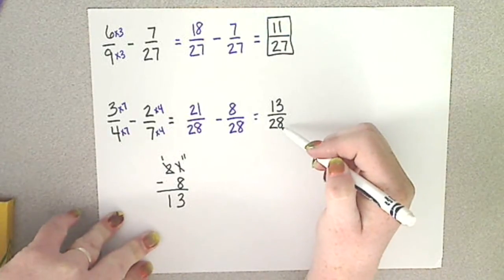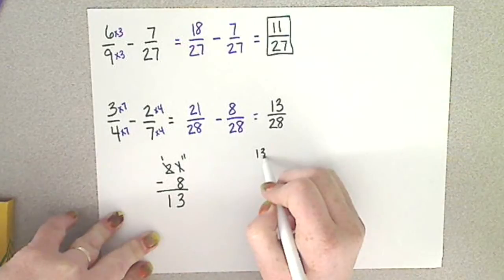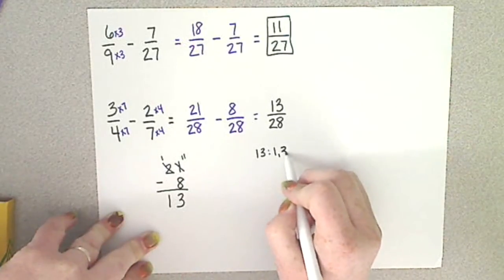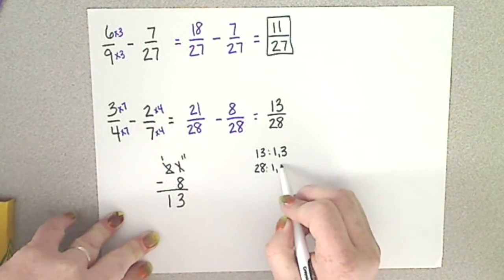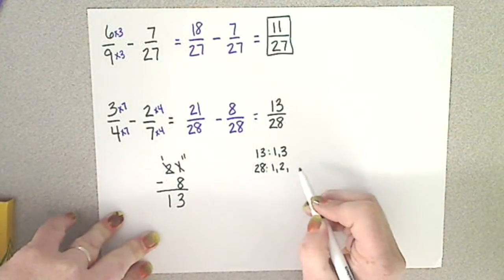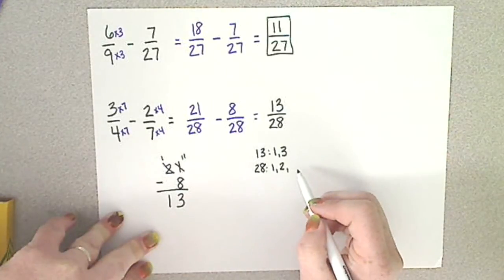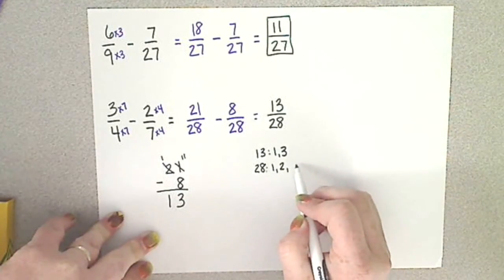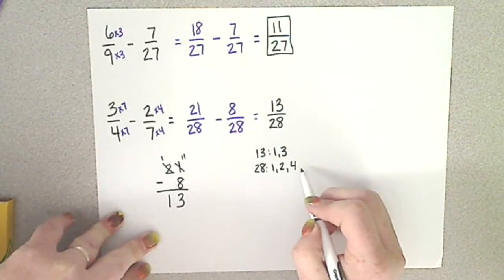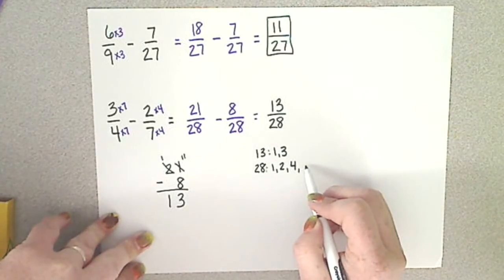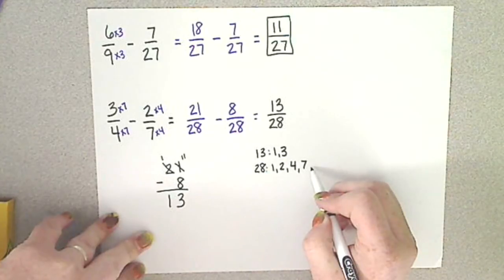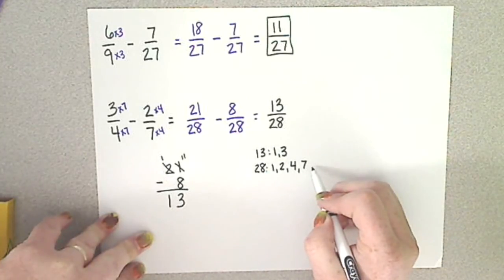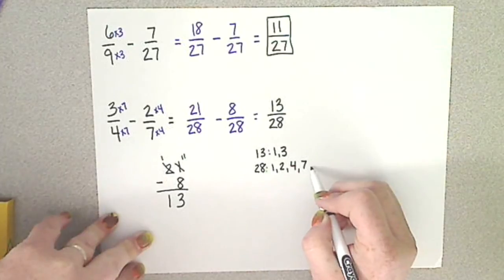And now I can sit down and think, well, I know that 13 is a prime number because it only has the factors of 1 and 13. 28 has factors of 1, 2. Let's see here. 3 times 9 is 27, so not 3. 7 times 4 is 28, not 5. 6 times 4 is 24. 6 times 5 is 30, so not 6. 8 times 3 is 24. 8 times 4 is 32, so not 8.